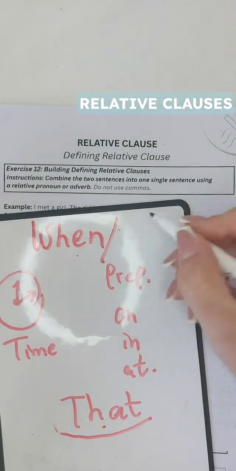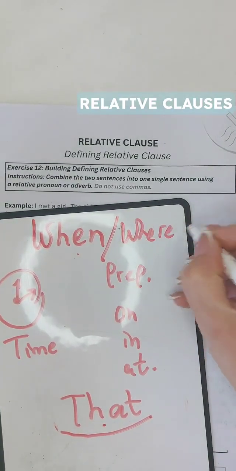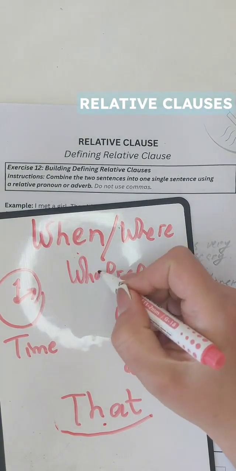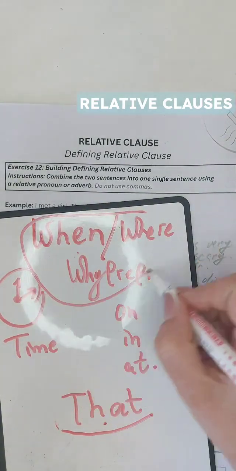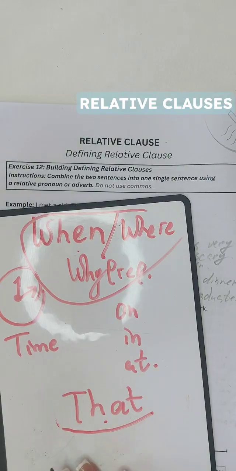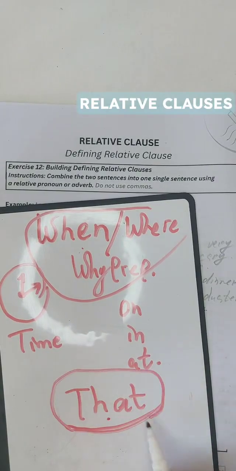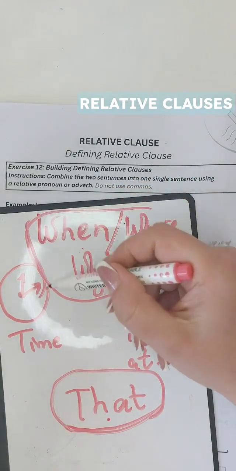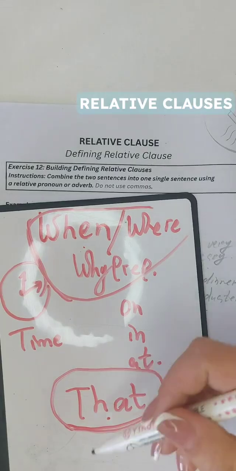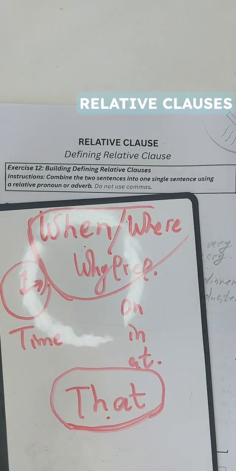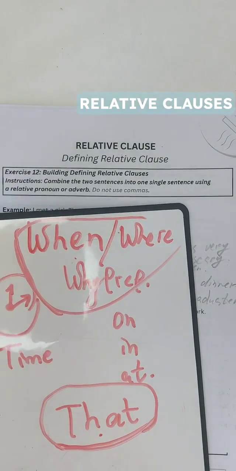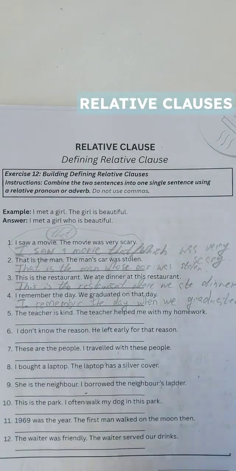However, it's always more natural with when, where, and why to use these words instead of that. Yes, you can use that, but I always prefer using when, where, and why instead of that. Okay? I remember the day when we graduated. Very well done, Jasmine.